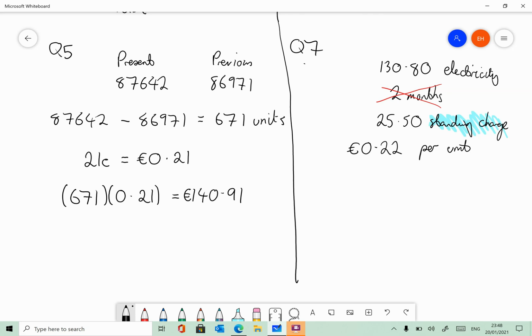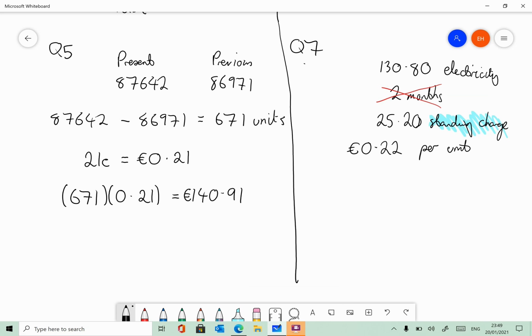So they have to do work to get the electricity to her. Even if she doesn't use that electricity, she still has to give them the money. Sorry, 25.20. My God. You can probably see why I'm making mistakes if you look at the clock on my screen. Okay, so 25.20 is the standing charge. So even if she uses no electricity, she still has to pay 25.20.